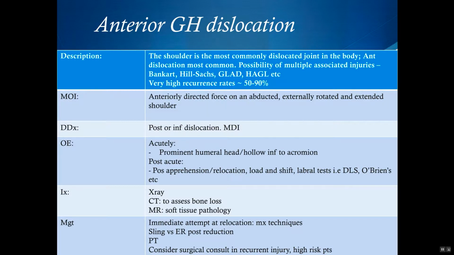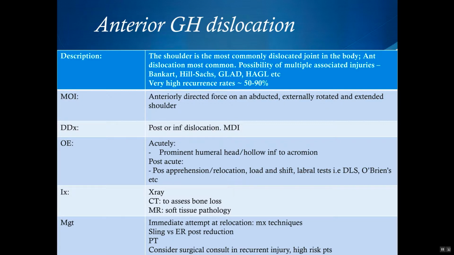GH dislocations have very high recurrence rates, and some stats range from between 50 to 90% recurrence rates. The mechanism of injury is essentially an anteriorly directed force on the shoulder that is abducted, externally rotated and extended. The differential diagnosis would be a posterior inferior dislocation in patients with multidirectional instability.